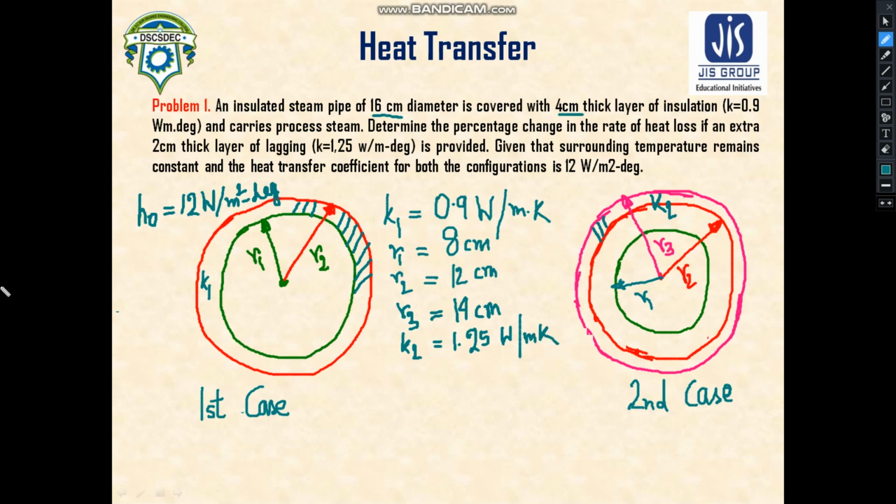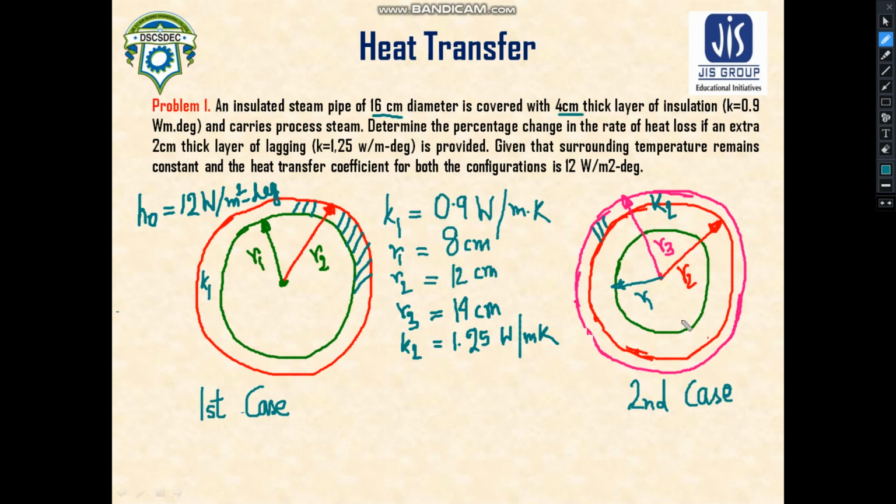Now the question is, in the first case what is the heat loss, and in the second case what is the heat loss. You need to calculate that. Now how can heat loss be calculated? You need to know the temperature difference.